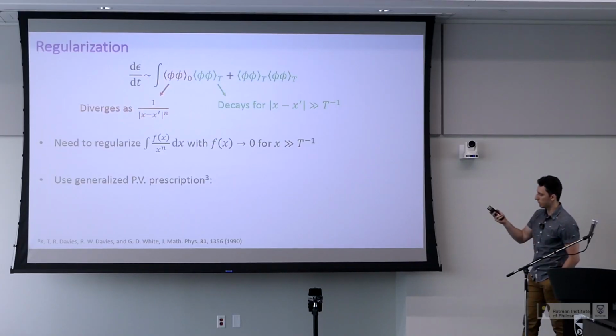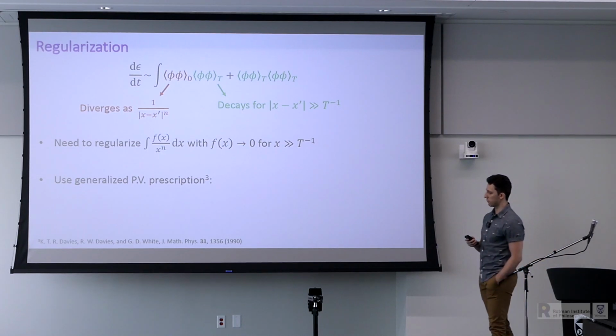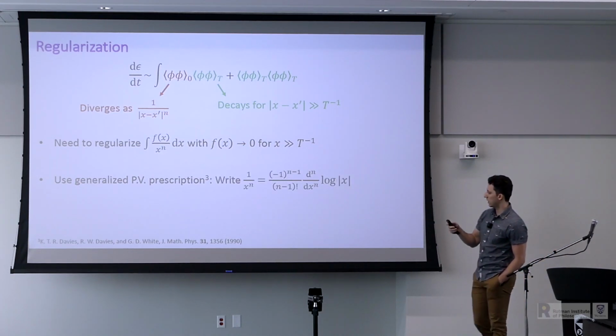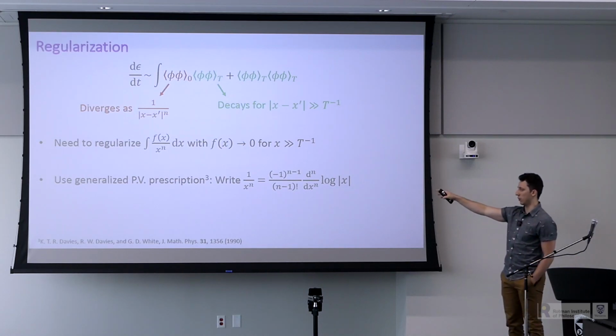I think this is kind of interesting. The way that the generalized principal value prescription works is you write 1 over x to the n in terms of the derivatives of a logarithm. This is an identity that you can prove very easily just by taking the derivatives of the log.